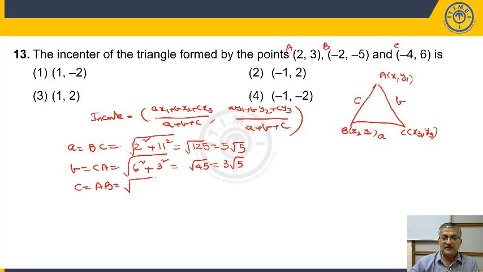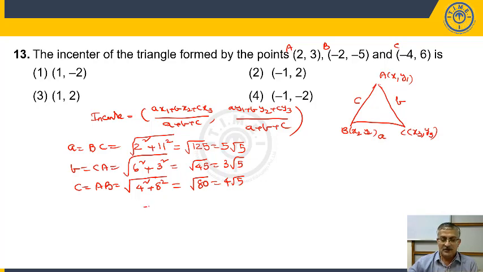So this is the AB distance: 2 minus 2, that is 4 square, 3 minus of minus, that is 8 square. So the total is 16 plus 64, that is root 80. Root 80 means it is 4 root 5, 16 into 5. So we know all the values. So simply substitute these values in the given form.